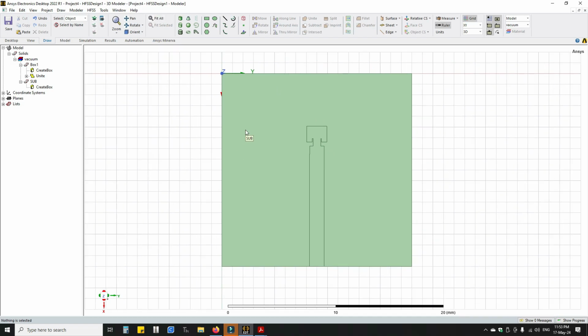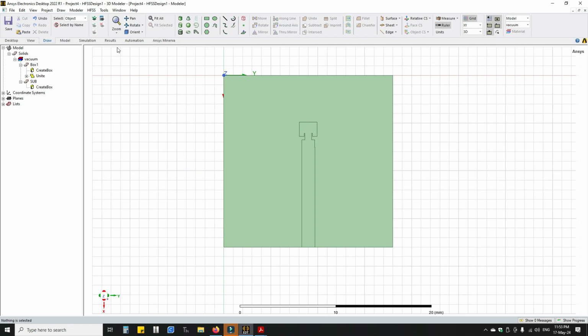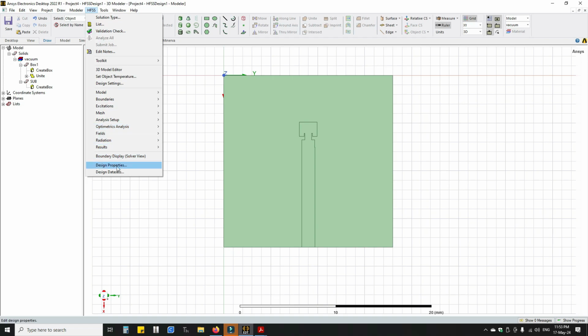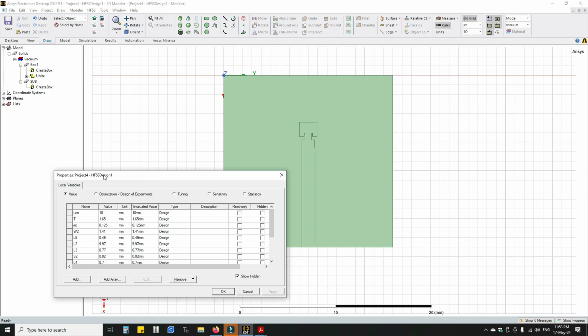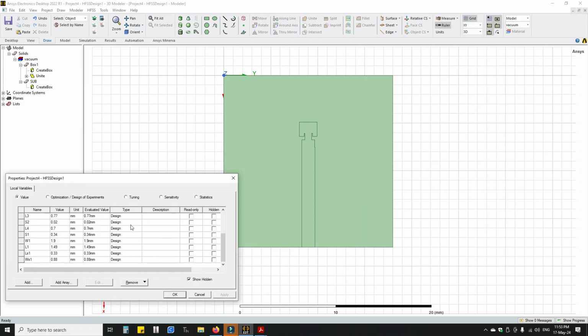Say for example, I have already put the length here. Just go to HFSS, design properties, you can see that many variables are used in this particular project. If I say the length, if I want to change the length from 18 to 20, you can observe the entire antenna is increased.